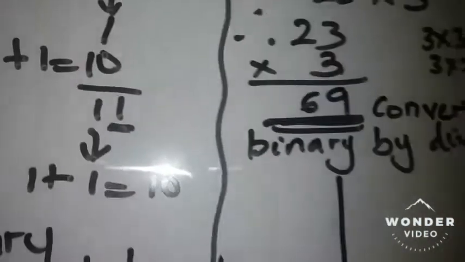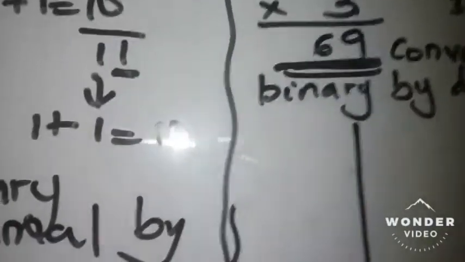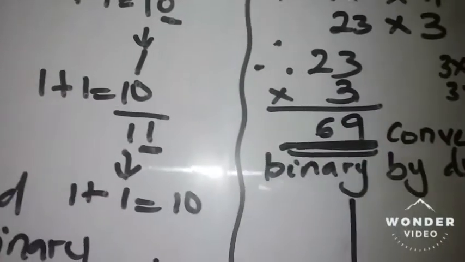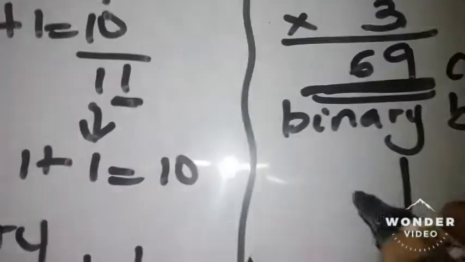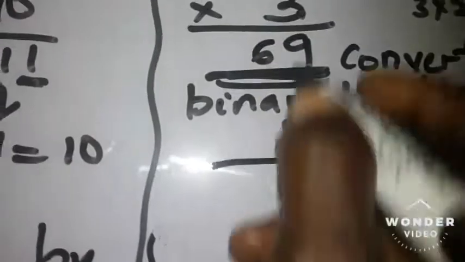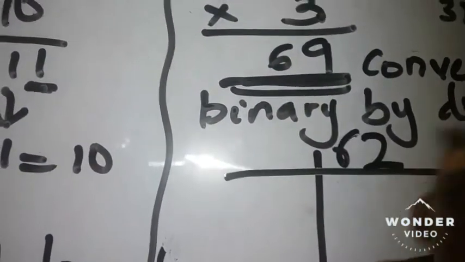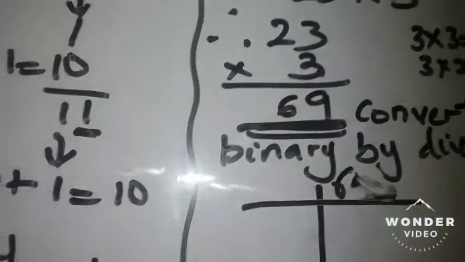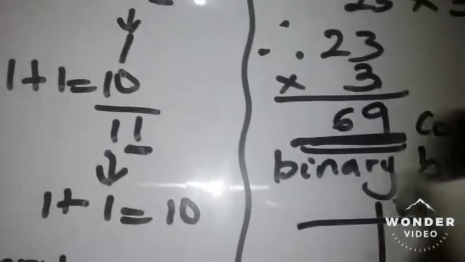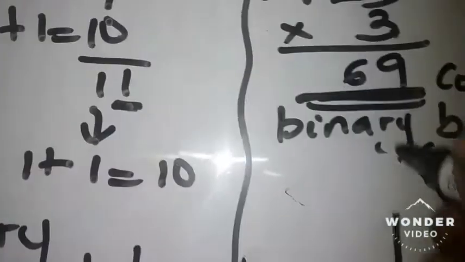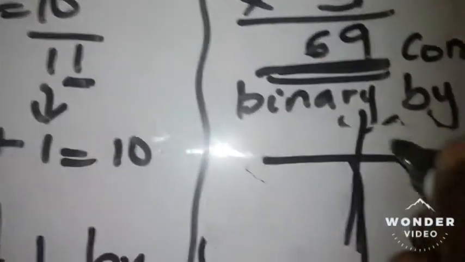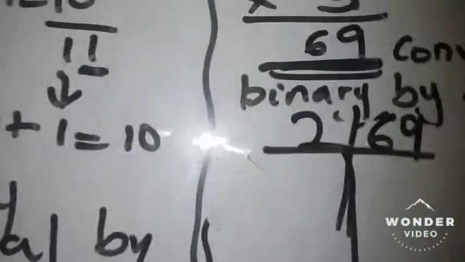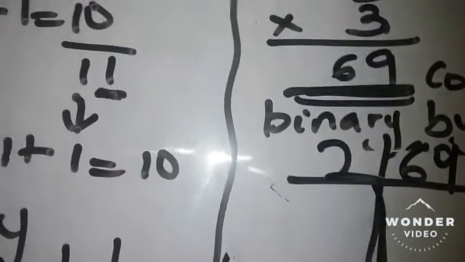We are still going to use the converting method, but we will see, maybe we arrive at the same answer. For us to be convinced, we have 69. So we divide by 2. Convert back to binary by division.